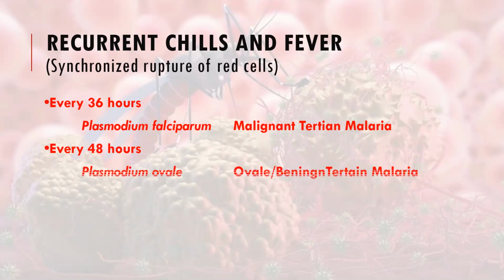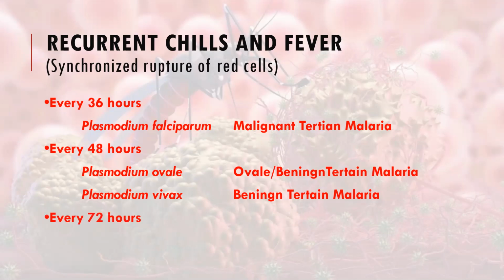Si Plasmodium ovale, ano yung tawag sa kanya? Ovale benign Tertian Malaria. And we have the Plasmodium vivax benign Tertian Malaria. And every 72 hours, ito matagal, okay? Plasmodium malariae. Quartan malaria.